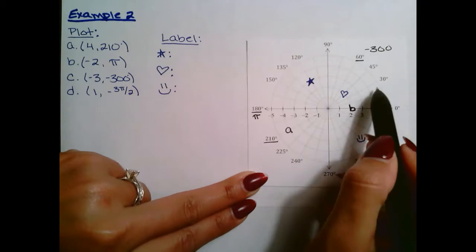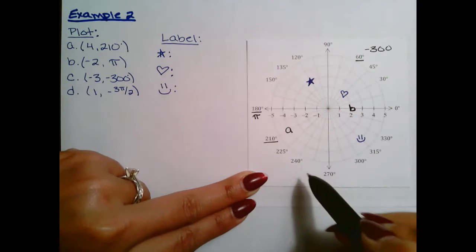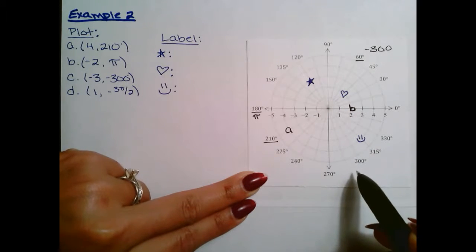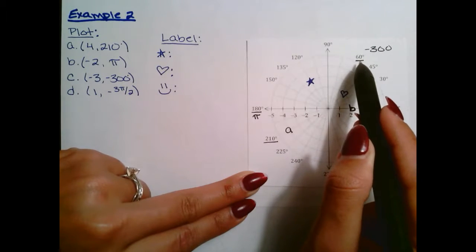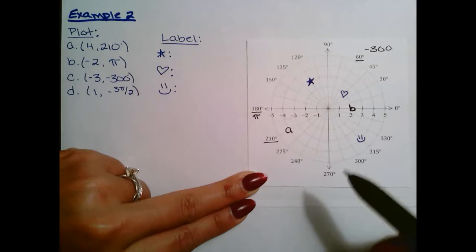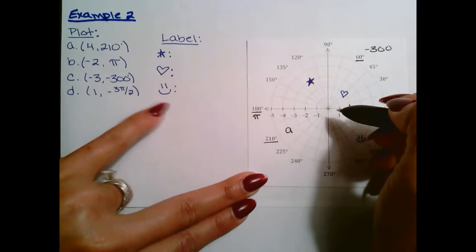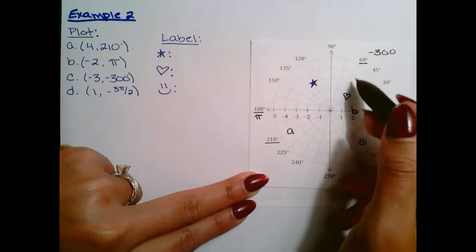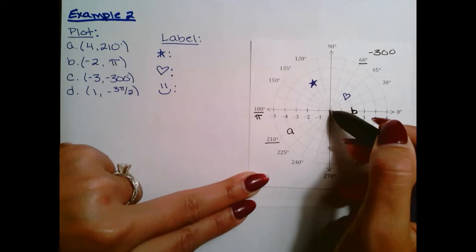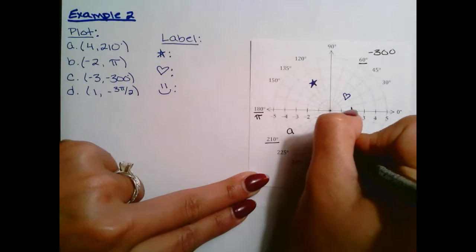To get to 300 would be 1, 2, 3, 4, 5, 6, 7, 8, 9, 10, 11, 12, 13 strings. So then I have them count 13 strings backwards. Okay? And so now it says, if this is -300, I want you to go 3 away backwards. So instead of going towards it, I'm going to go 3 away from my center. So I'm going to go 1, 2, 3, and this one is C.